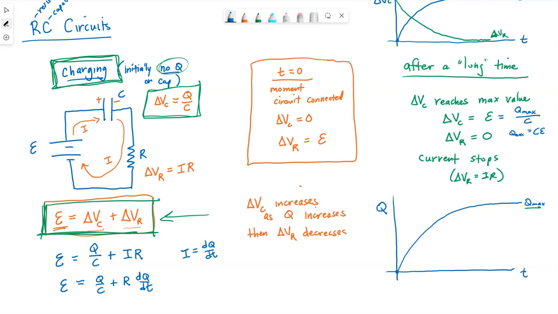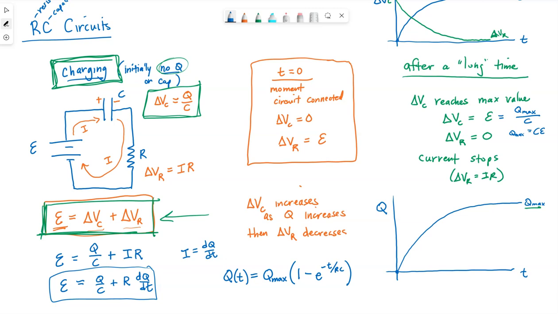So we need a function that will satisfy this equation. The result looks like this. The charge on the capacitor as a function of time equals the maximum charge it can reach times 1 minus e to the negative t over RC.